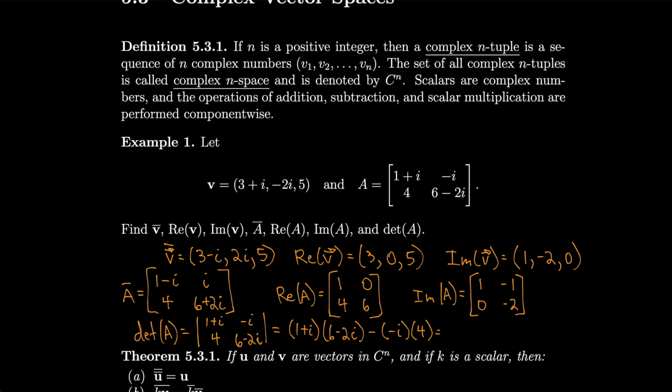And if we do the multiplication, work things out, remember i squared is minus 1, we end up with 8 plus 8i.